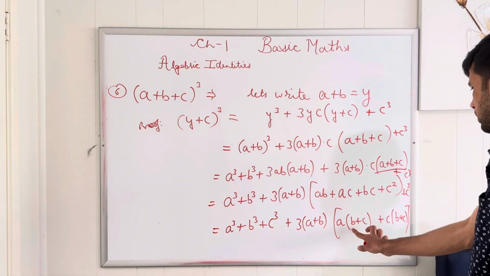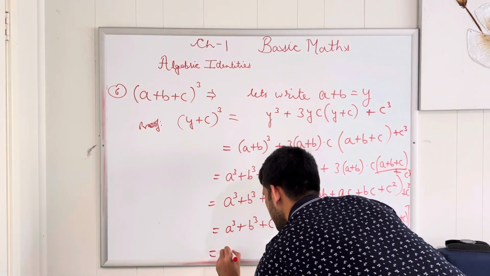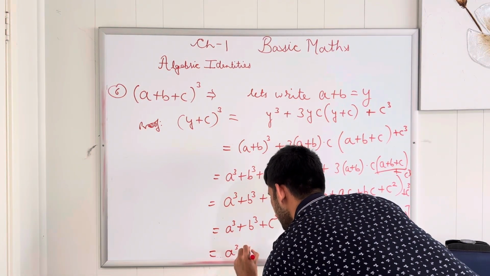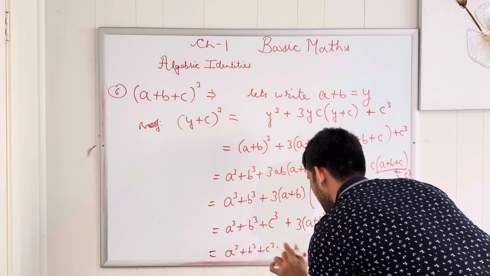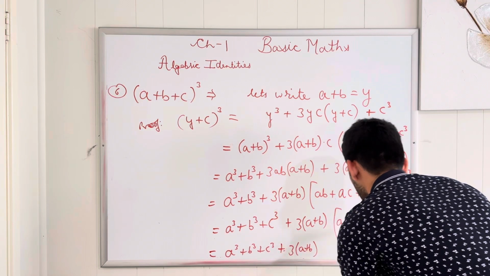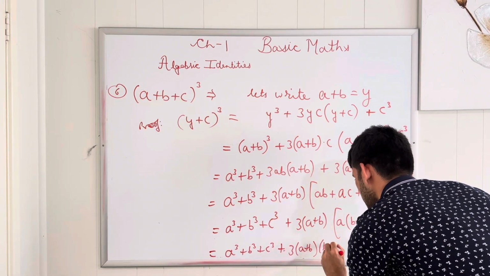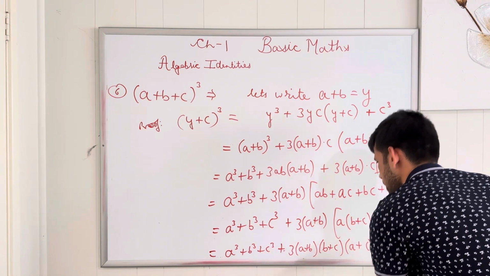Now if you look carefully, we can take (b + c) as common. So finally we get a cube plus b cube plus c cube plus 3 times (a + b), and this is (b + c) multiplied by (a + c).